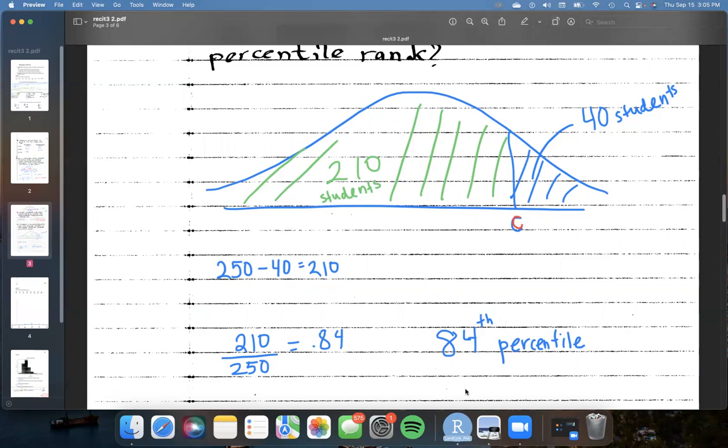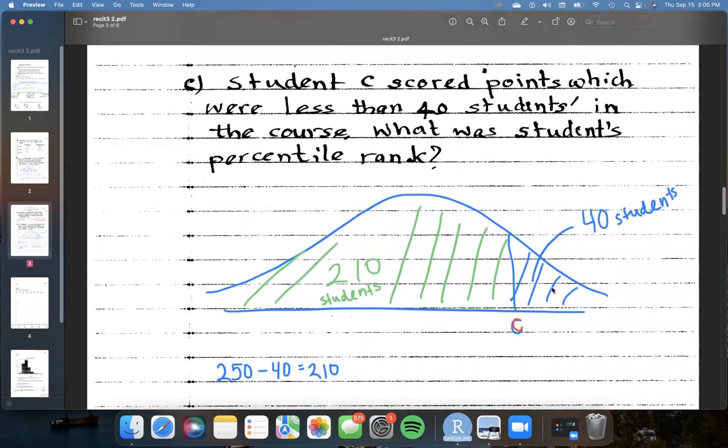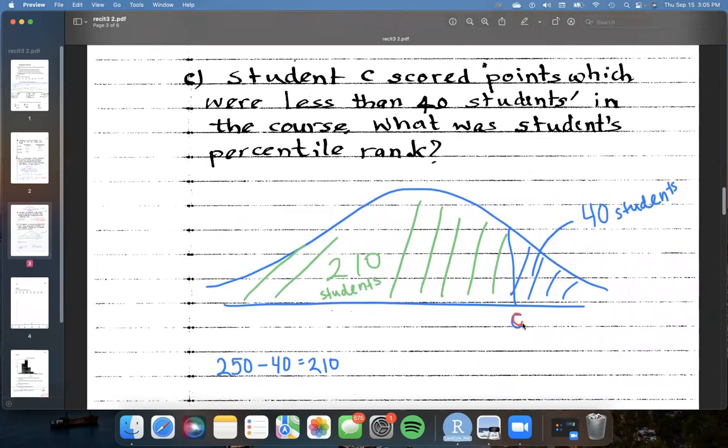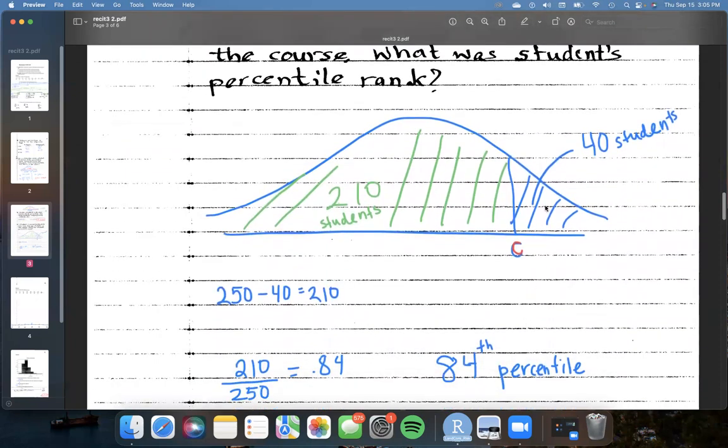So student C scored in the 84th percentile, which is what we would expect, because like I said before, student C must have done pretty well if only 40 students out of 250 scored better than him. So 84th percentile.